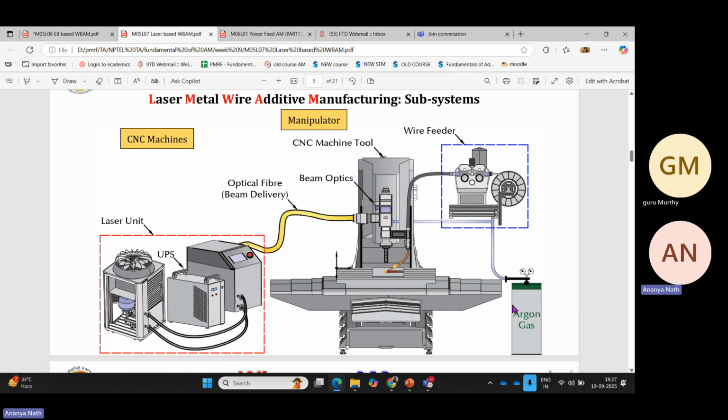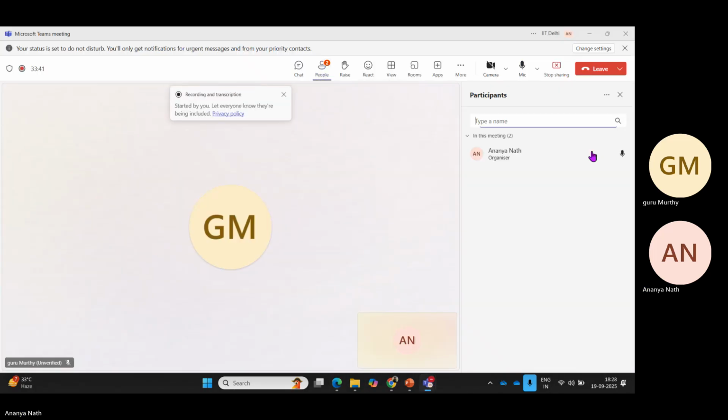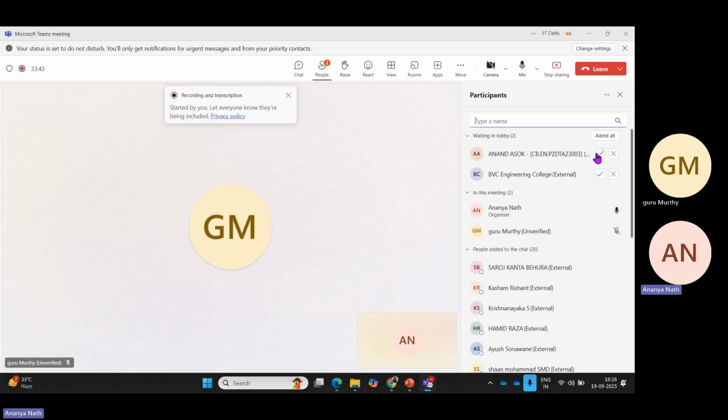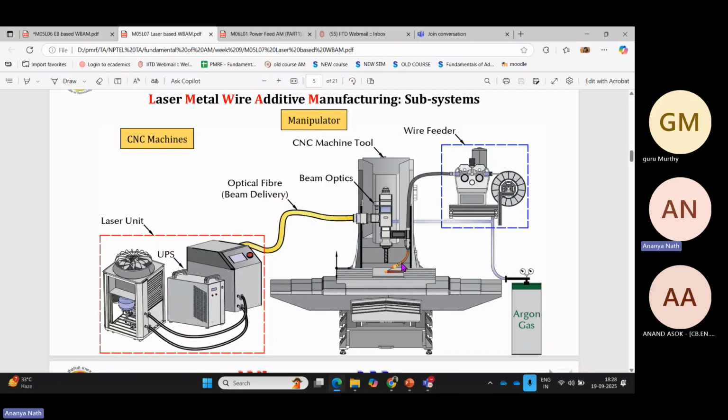It will try to maintain the shape of the melt pool. It will try to reduce the oxidation of the melted bead, because while melting your instantaneous temperature will be very high, so there will be chances of quick oxidation. So to avoid this oxidation, it's important that you print the metal in the presence of an inert gas.